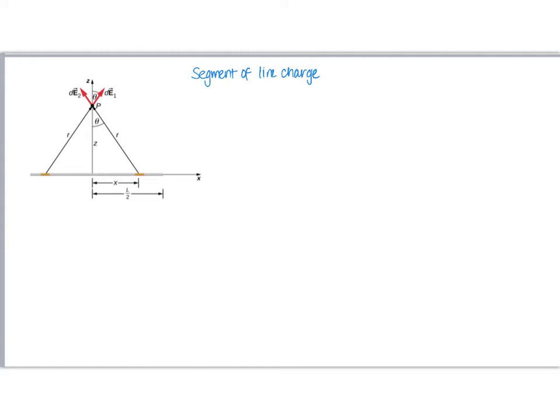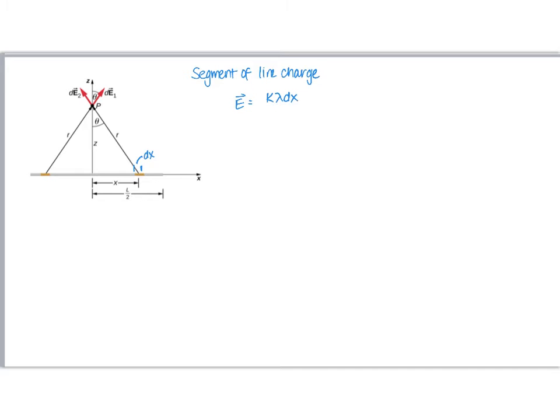And so in general, the electric field would be equal to K lambda times, now because the line of charge is along the x-axis, the length I'm going to call dx instead of dl.